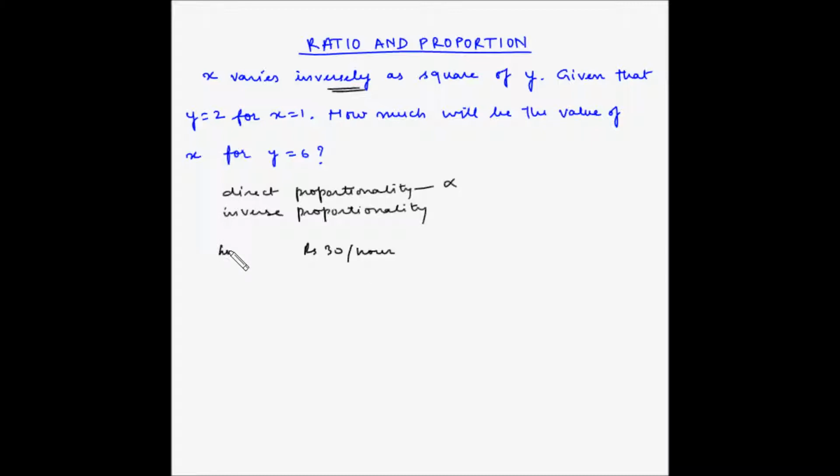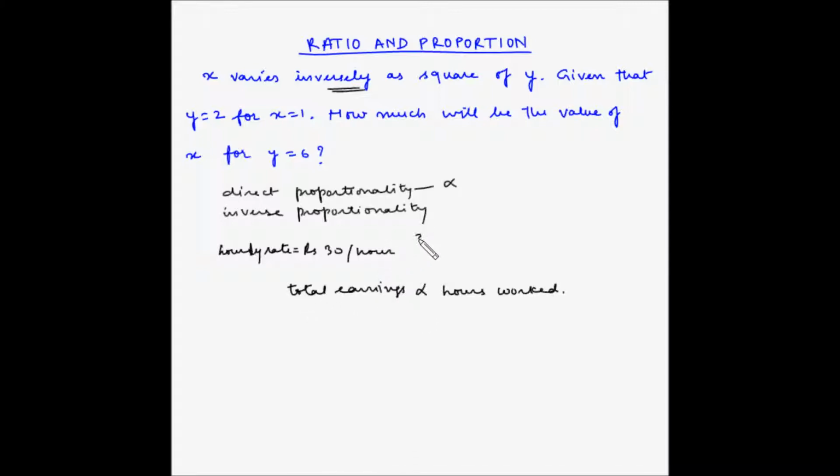So this is the hourly rate. So the more hours you work, the more will be your total earnings. So basically your total earnings is proportional to the hours worked.